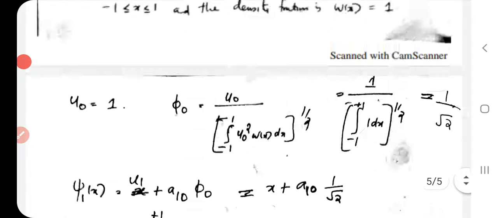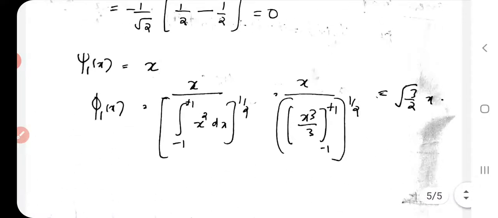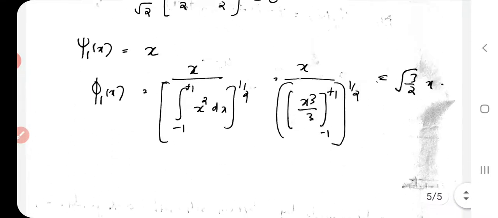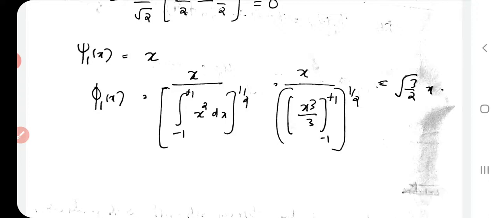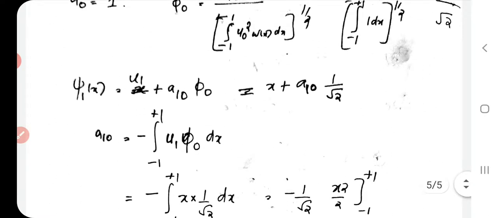Okay, and the same thing we continue. We have found psi 1 and we can obtain psi 2. What will be psi 2? Psi 2 will be u2 plus a21 phi 1 plus a20 phi 0.